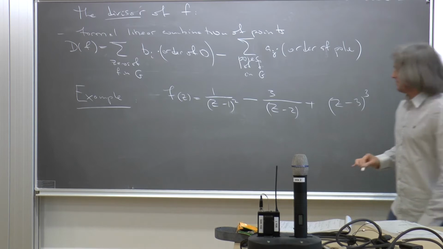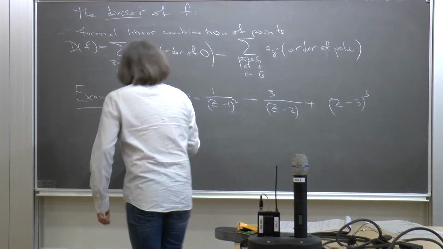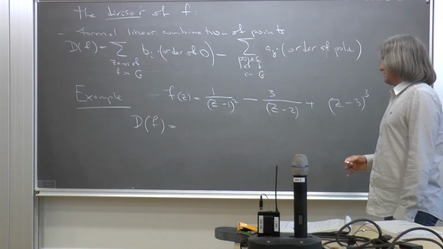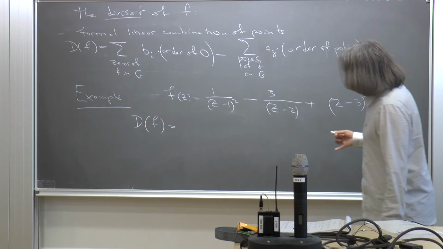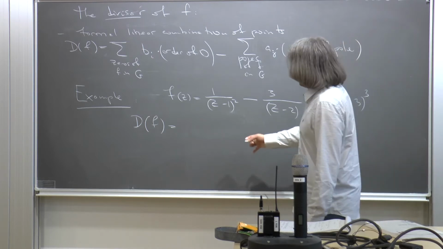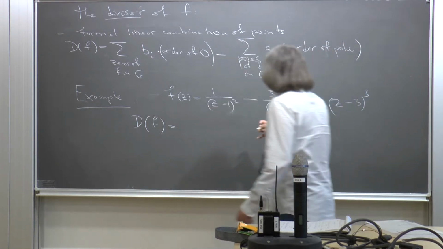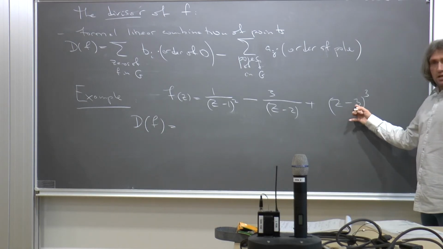Then what will be the divisor of f? It will be the following expression. Of course, I have the problem of denoting the points differently than numbers, but I have a pole of order 2 here, a pole of order 1 here, and a zero of order 3 here.